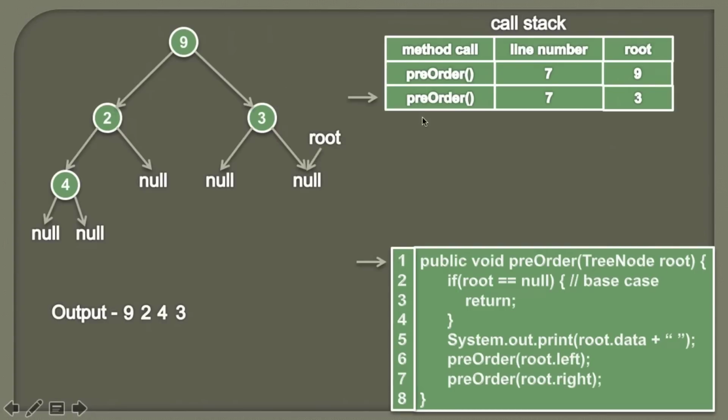And we also know that there will be one more method on the call stack with root as null. Then we'll check whether root is equal to null or not. Currently root is equal to null. Therefore we have reached our base case, so we'll simply return from this method. When we return from this method, it will be removed from the call stack, and the execution point will reach the method which called this method.